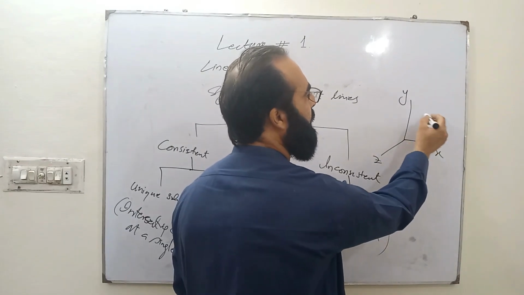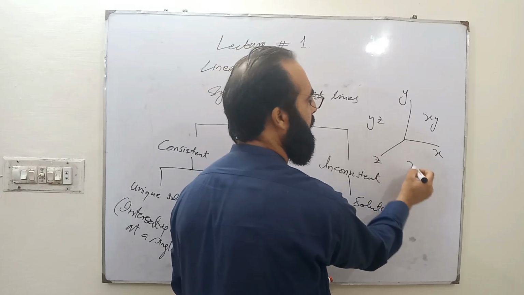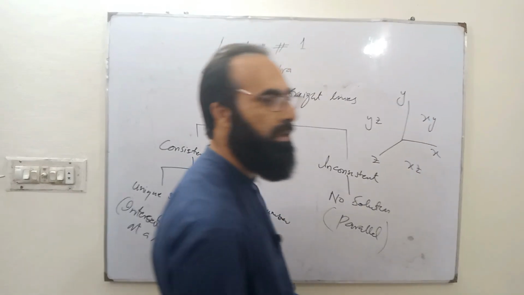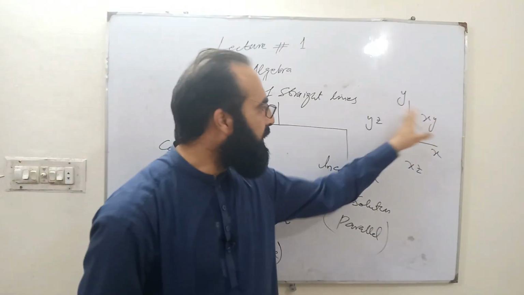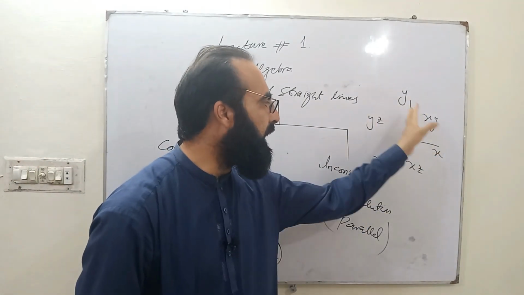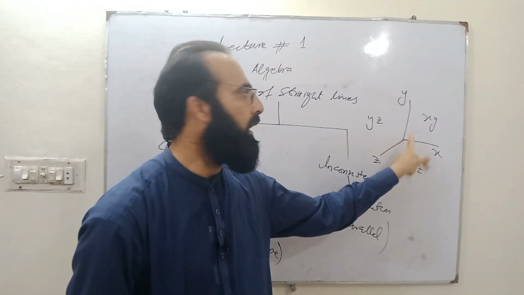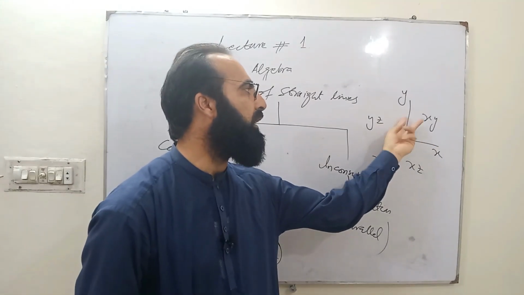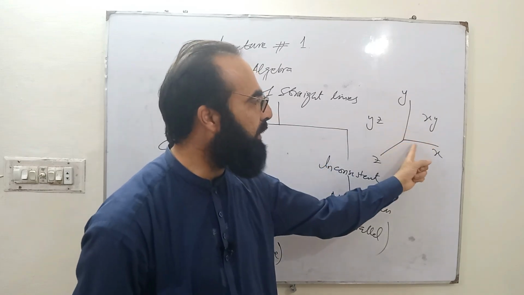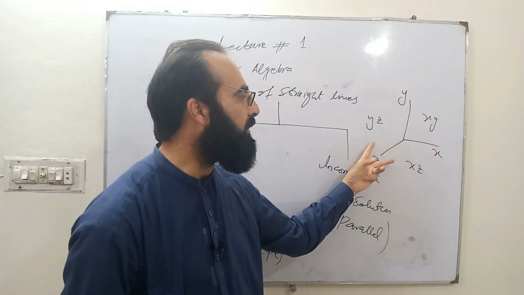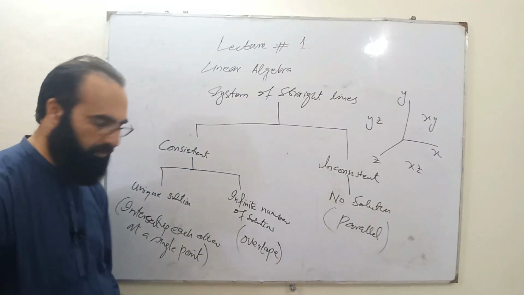So this plane is the XY plane, this one is the YZ plane, and this one is the XZ plane. The intersection of these 3 planes is the origin, and the intersection of these 2 planes is the y-axis. Similarly, the intersection of these 2 is the x-axis, and from these 2 we obtain the z-axis.